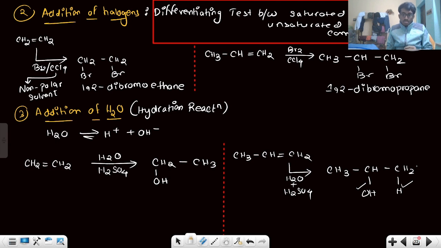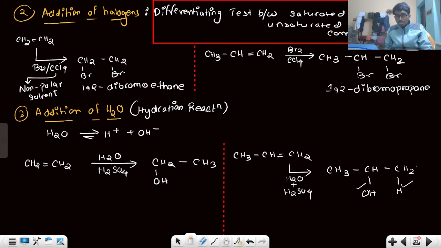Markovnikov's rule. What is Markovnikov's rule? Don't fall from the sky, because in the GOC lecture only I have told you what Markovnikov's rule is. Markovnikov's rule says that when you are adding something, the negative part of the addendum will attach to that carbon which contains less amount of hydrogen, right? That is Markovnikov's rule, written in the GOC lecture notes.